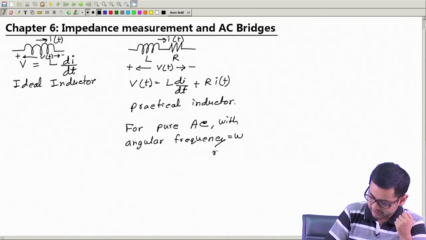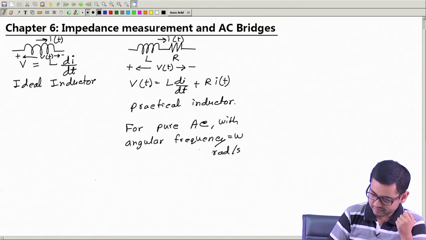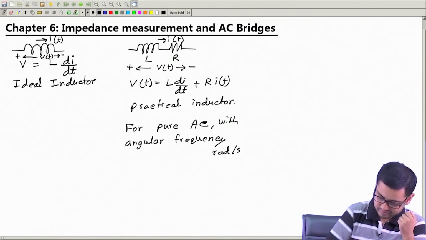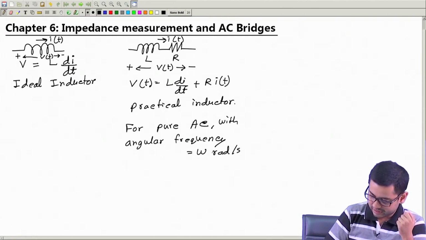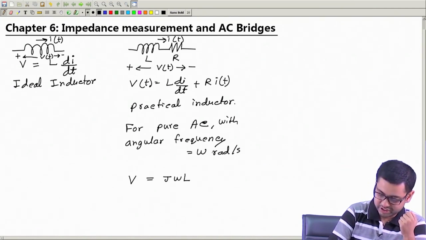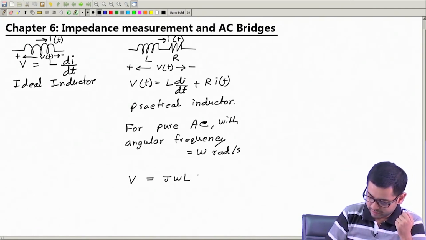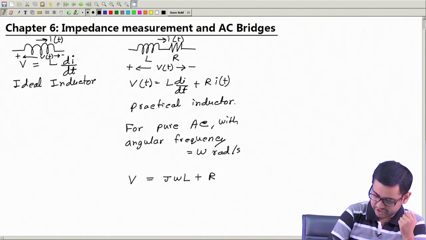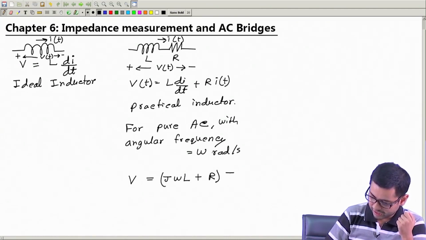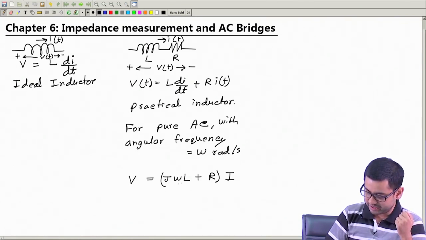Omega, the unit should be radian per second. Then this relationship we can write using phasors, like V will be equal to (j omega L, this is the impedance of this inductor, plus R, this is the resistance) multiplied by I, where V and I are phasor quantities. So, this is what we all know.